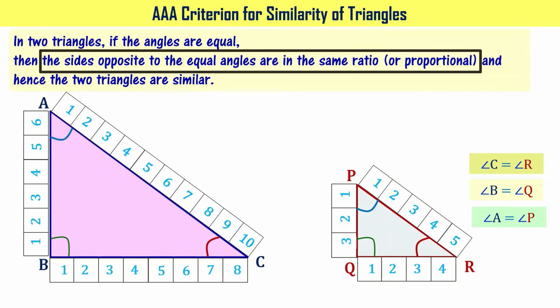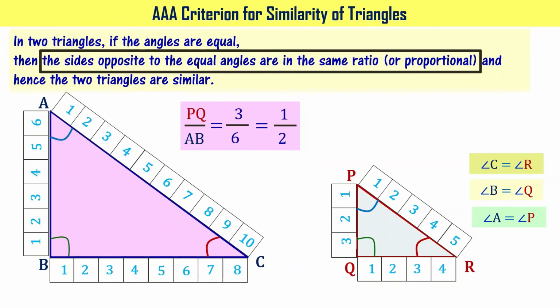Or in other words, angle C and angle R are equal angles. So let's see the sides opposite to those two angles. Side opposite to angle C is AB and side opposite to angle R is PQ, right? Let's take their ratio. AB is 6 units and PQ is 3 units, right? Let me write PQ by AB equal to 3 by 6, that is equal to half.